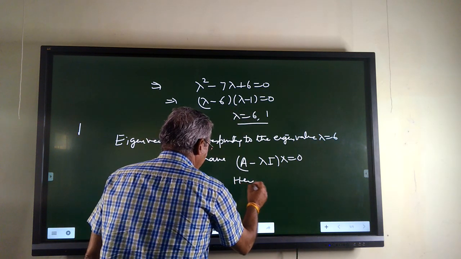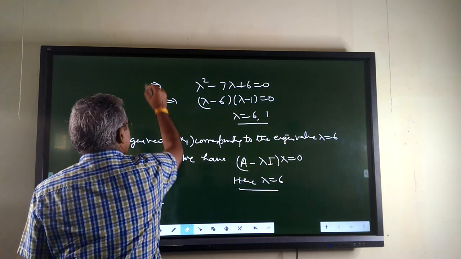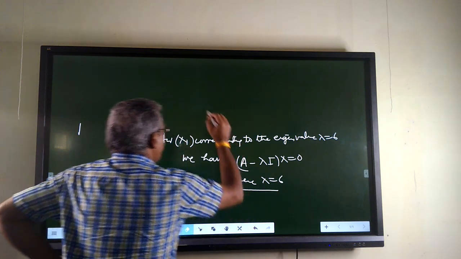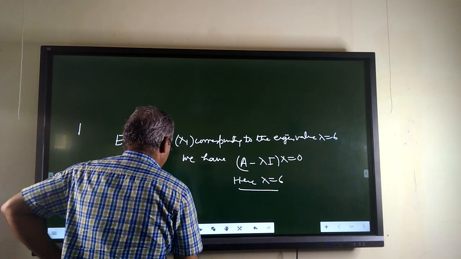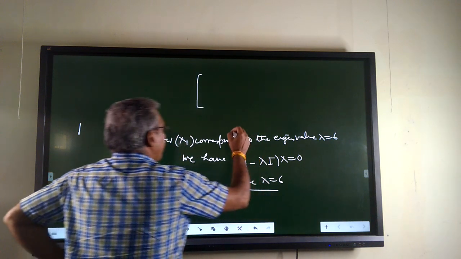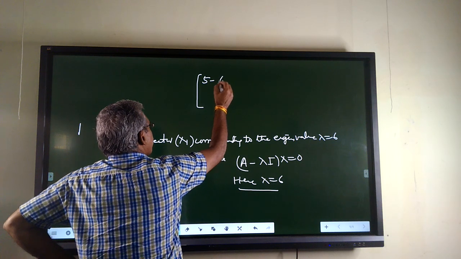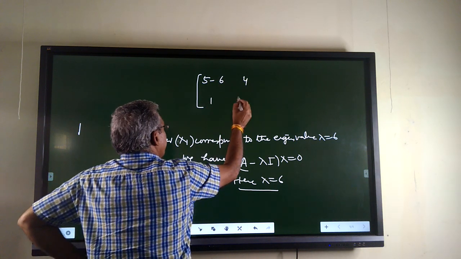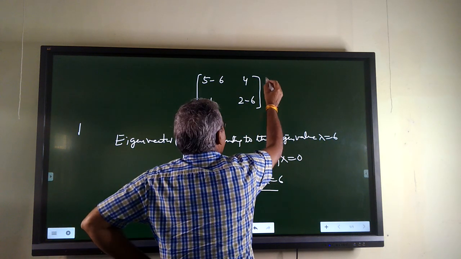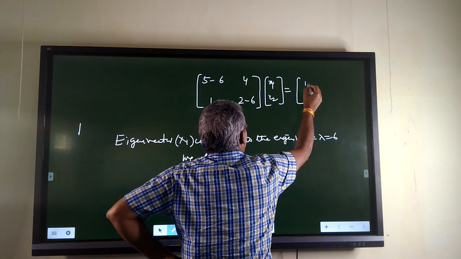Here lambda is 6. Therefore, this can be written as the matrix with entries 5 minus 6, 4, 1, 2 minus 6, times x1, x2 equals 0, 0.